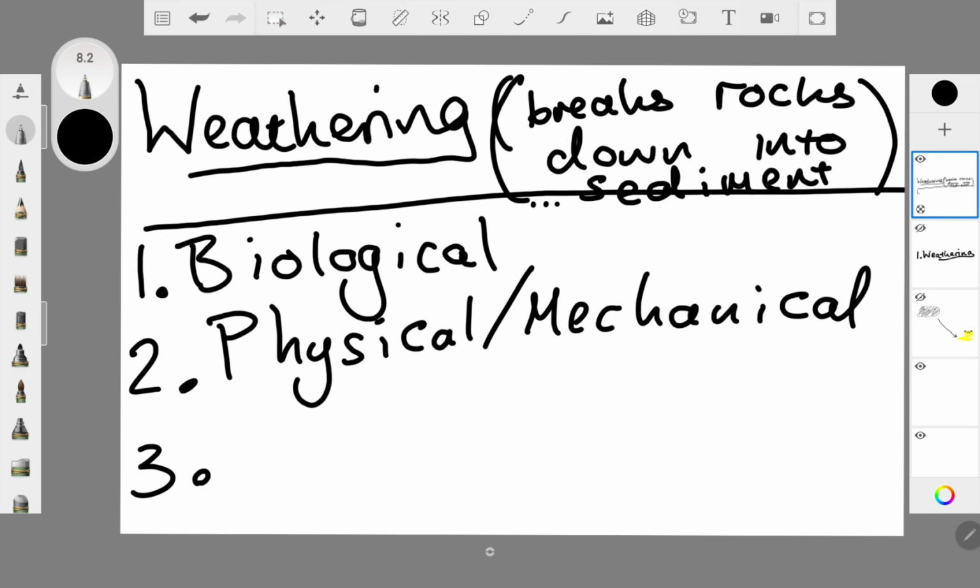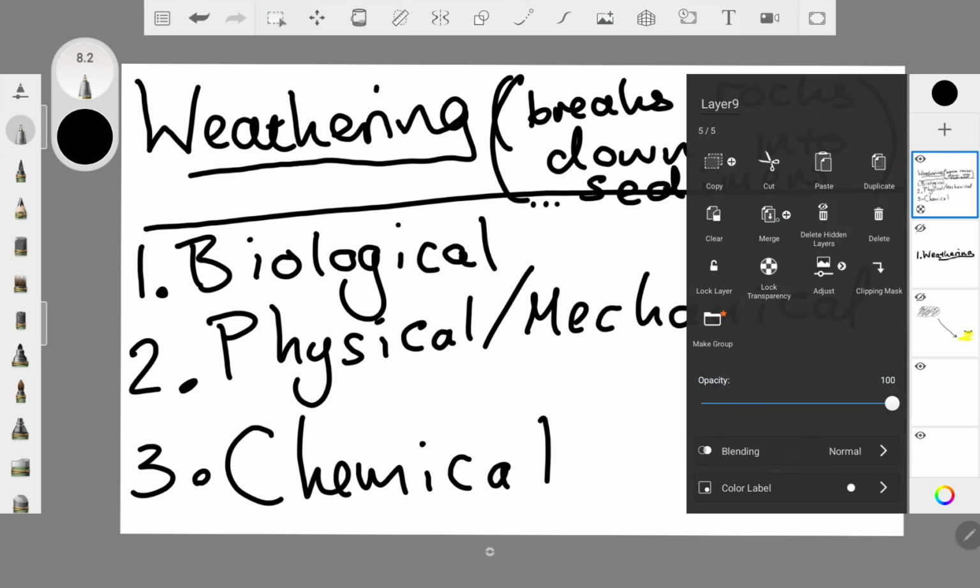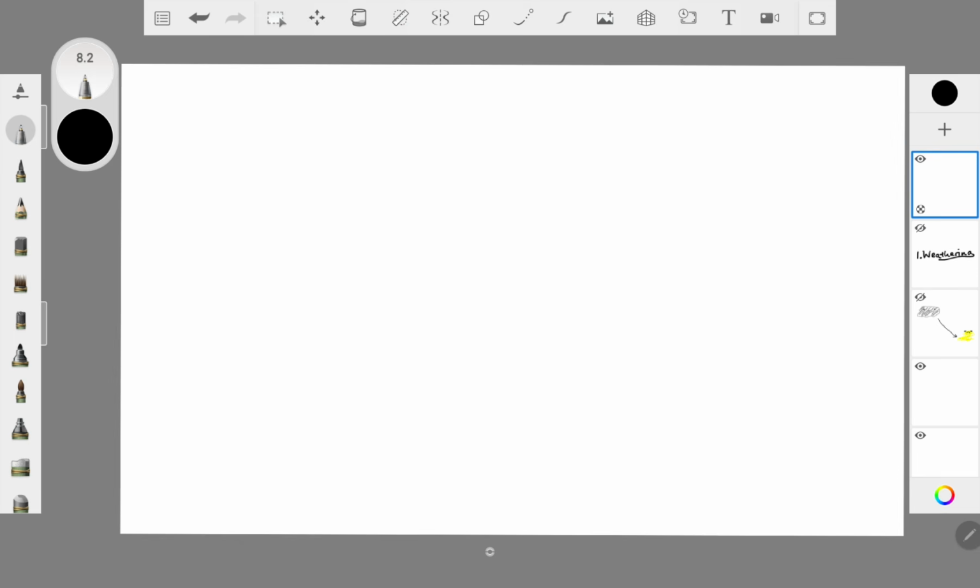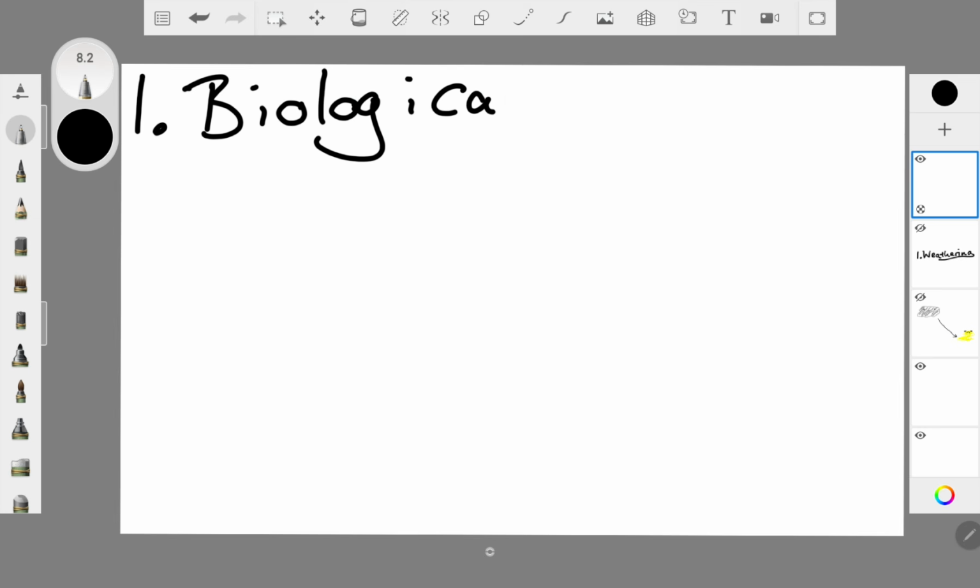Number 3, we have chemical weathering. Now, back to weathering. Let's start with number 1. Let's look at biological weathering. Have a think. Can you think of any ways that biological organisms could break down rocks?